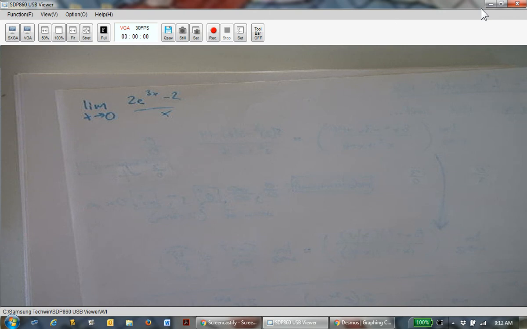No, not the whole thing, it's just chain rule, the derivative of the next one. Just times 3. This becomes 6.